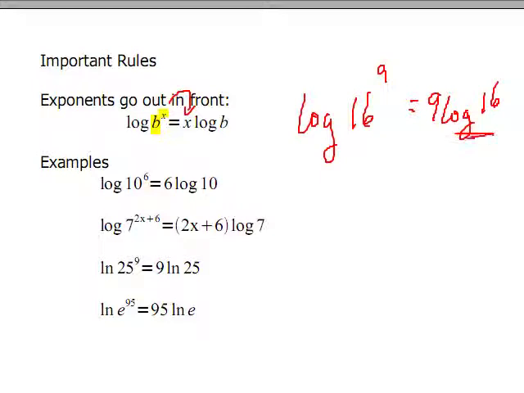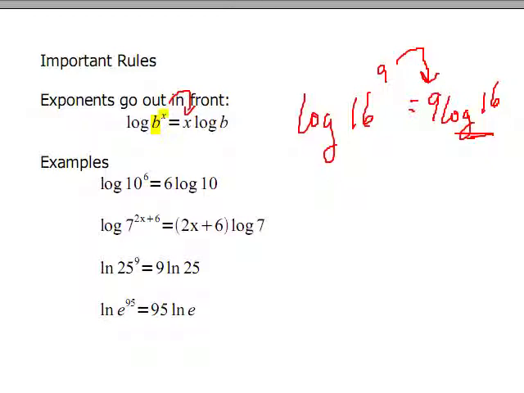So what's the log of 16? You can try to work it out by using some other rules, or you can use your calculator at that point. You also could take 16 to the 9th and try to take the logarithm. That would be a fairly big number, but the rule, and this is what we use for simplification, is 9 times the log of 16.